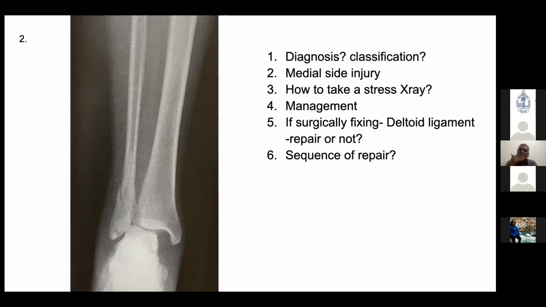Initially the ligament is torn, the anterior tibiofibular ligament. Then the fracture comes to the lateral malleolus, an oblique fracture. Then it goes posteriorly, involving the posterior tibiofibular ligament, then the posterior malleolus, and finally the medial malleolus.